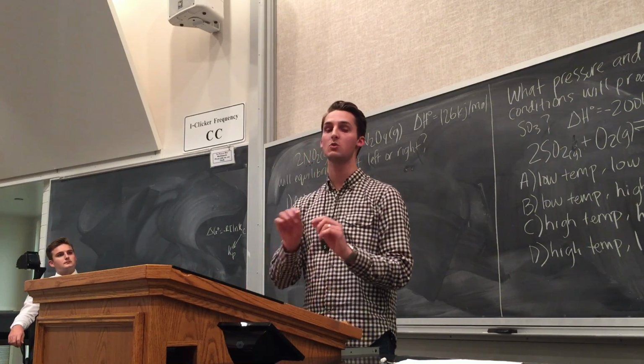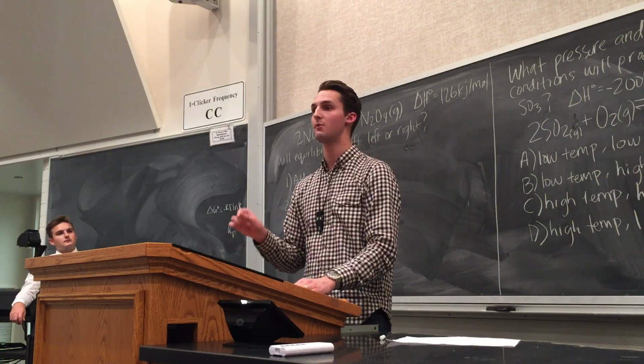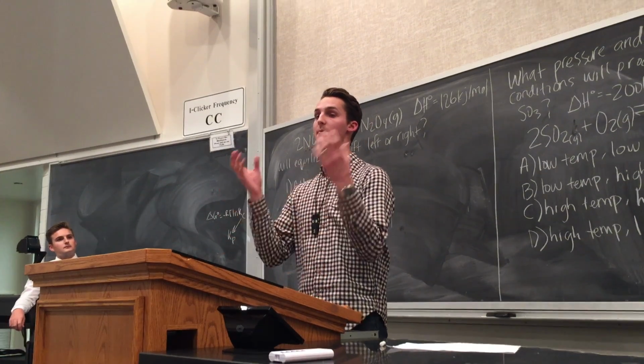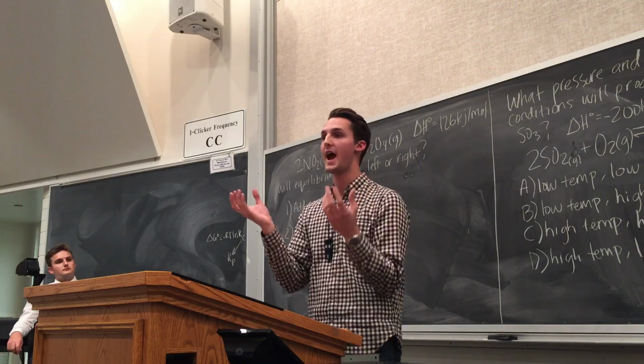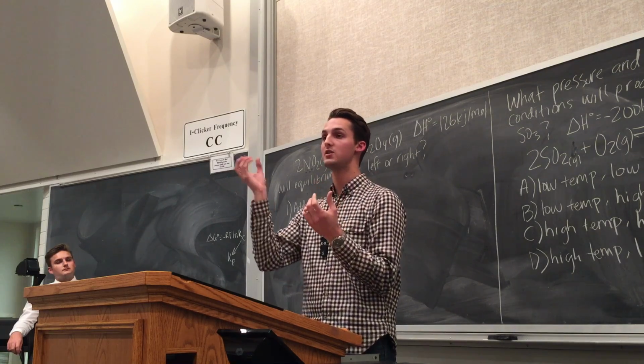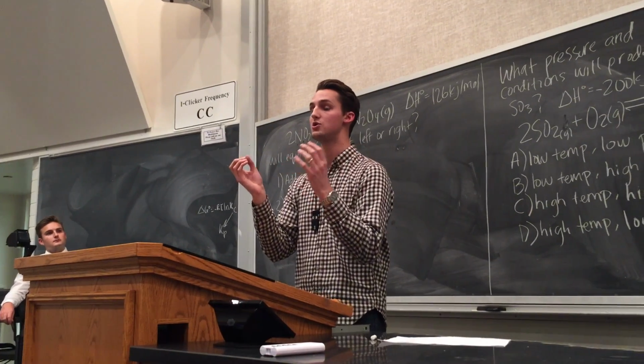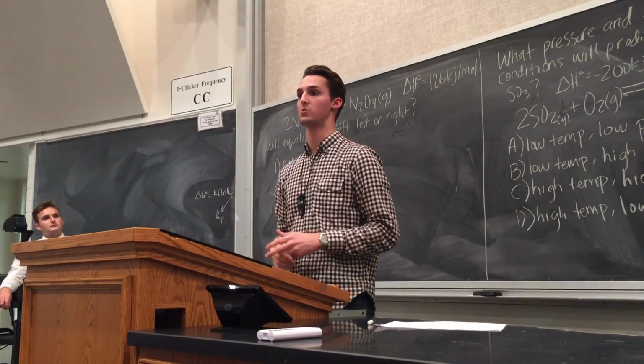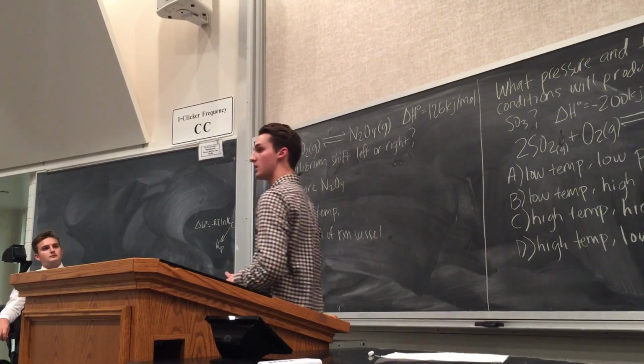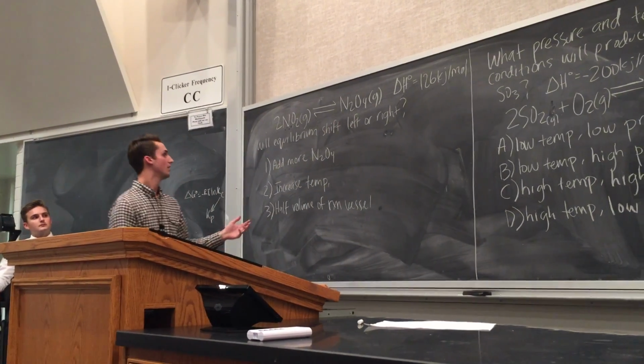Okay, I'll repeat that. The equilibrium will do the opposite of what you do to it. So if something is in equilibrium, it's very happy, it's content. If we disturb that equilibrium, it doesn't like that, and it's going to want to do the opposite of what the disturbance was.